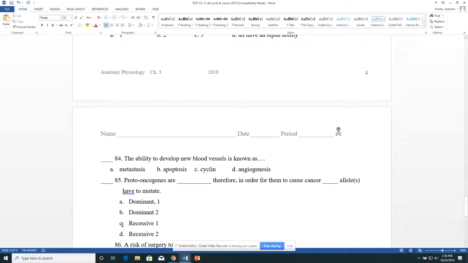B, proto-oncogenes are dominant, therefore in order for them to cause cancer, two alleles have to mutate? Choice C, proto-oncogenes are recessive, therefore in order for them to cause cancer, one allele has to mutate. Or choice D, proto-oncogenes are recessive, therefore in order for them to cause cancer, two alleles have to mutate.